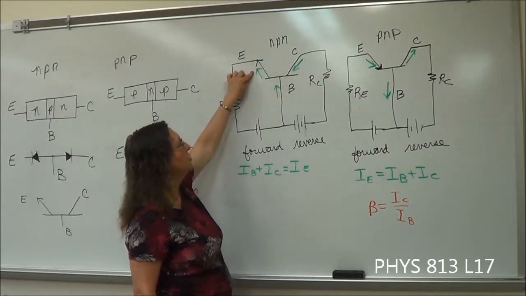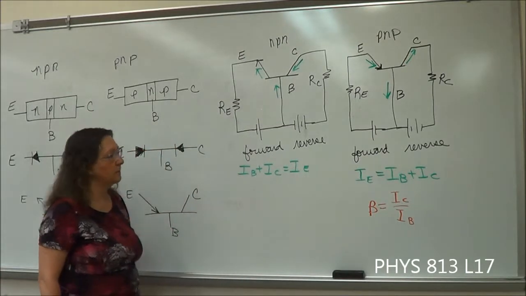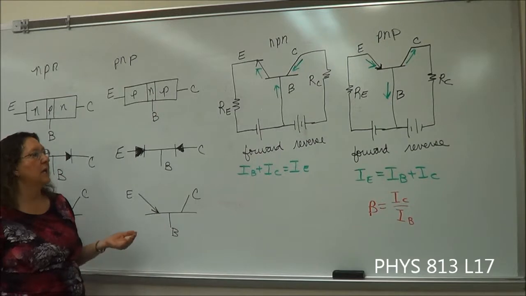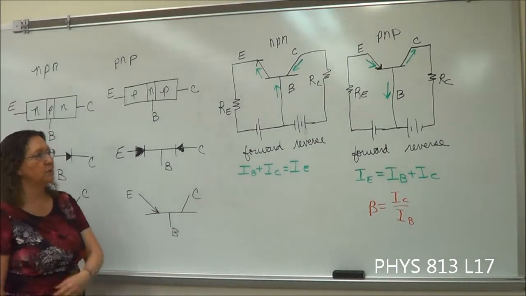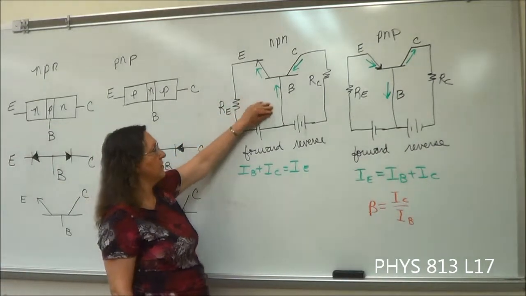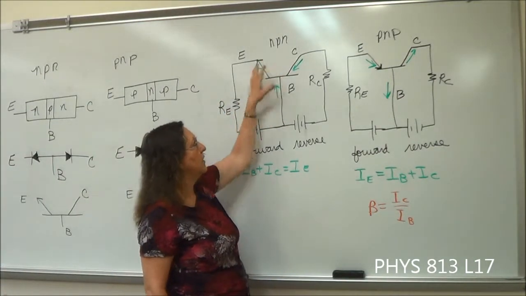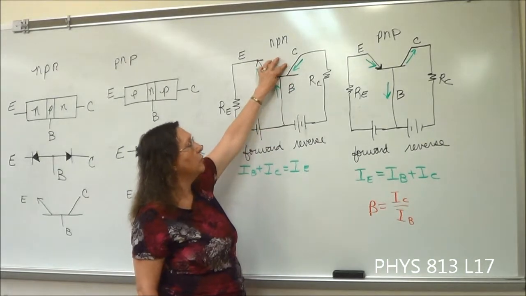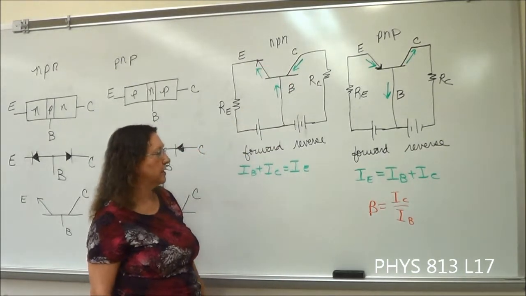And then those two leave together as the emitter. And this whole operation is designed to be an amplifier, so that if you can control the base current and provide a small base current, you can end up with a rather large collector current.